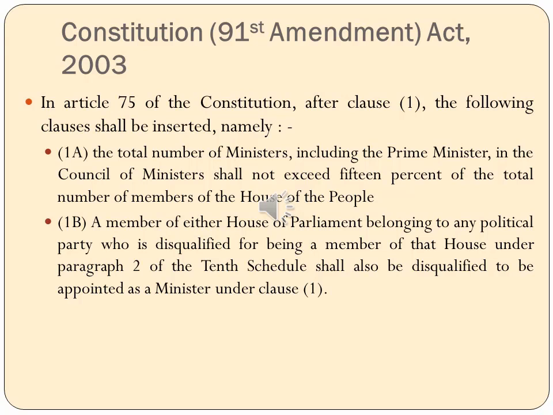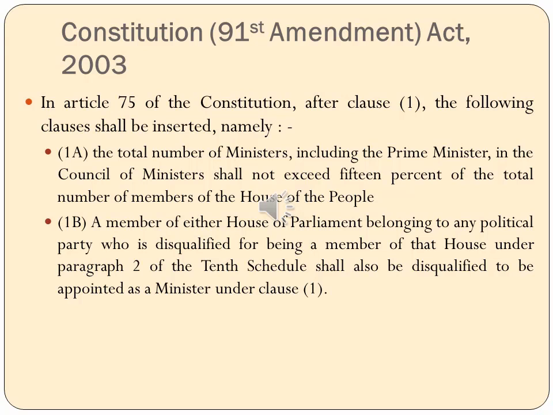Next is 1B. A member of either House of Parliament belonging to any political party who is disqualified from being a member of that House under paragraph 2 of the 10th schedule shall also be disqualified to be appointed as a minister under clause 1 in Article 164 of the Constitution.